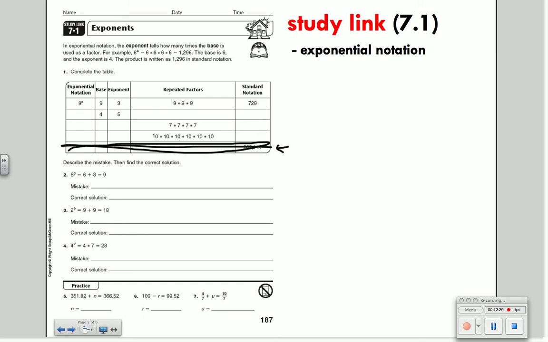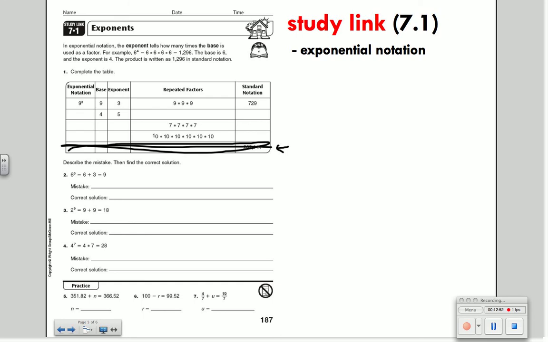So first, note that as a mistake. 6 to the 3rd power does not equal 6 plus 3. So then for the correct solution, I would like you to put 6 to the 3rd power equals 6 times 6 times 6. And then if you would like to use your calculator for questions 2 through 4 to find the standard notation, I have no problems with that.